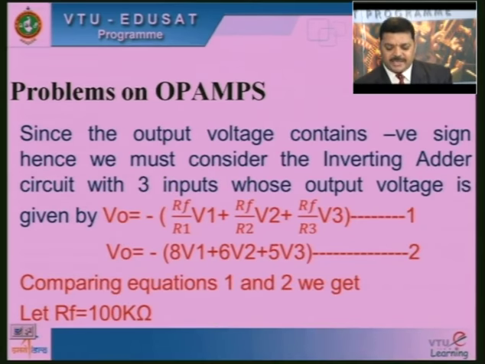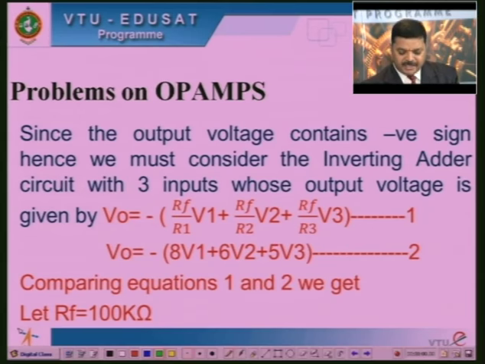Since the output voltage contains the negative sign, you have to observe this. Hence this is an adder circuit, no doubt. You are adding 8 V1 plus 6 V2 plus 5 V3, but with a negative sign, therefore it is an inverting adder circuit.